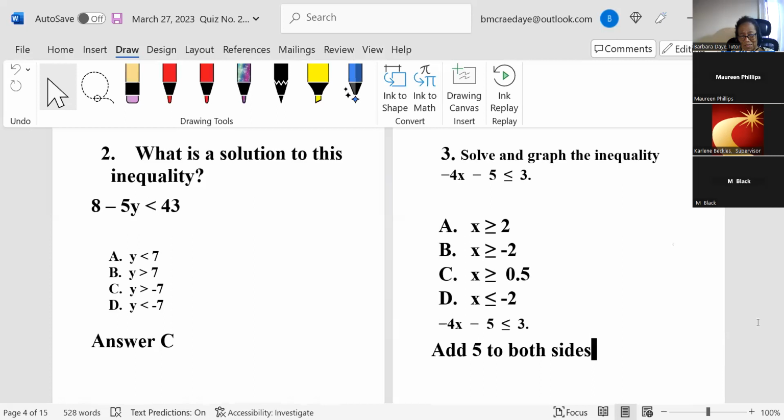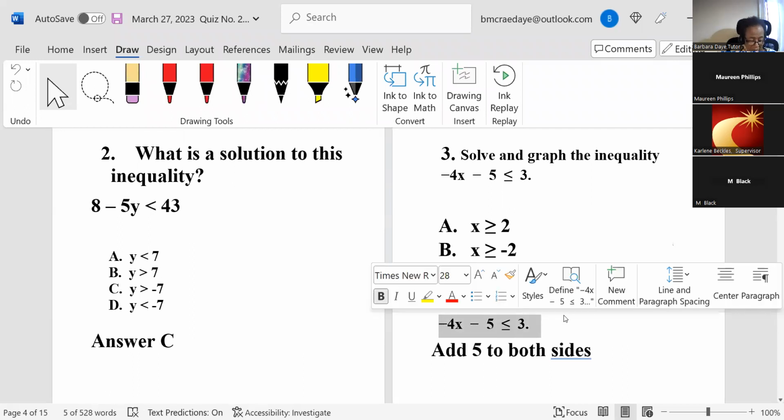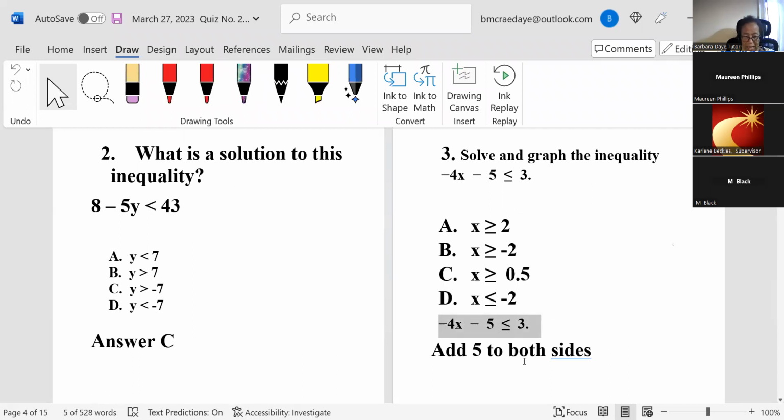Because you and Mercedes both had A. Let me just look here. Number 3, Mercedes had A and Maureen had A. Okay, so let's add our 5 to both sides. Copy that, add the 5.